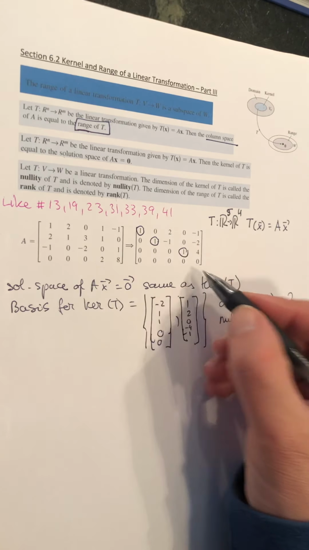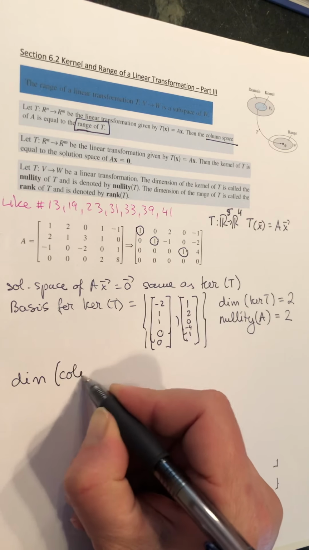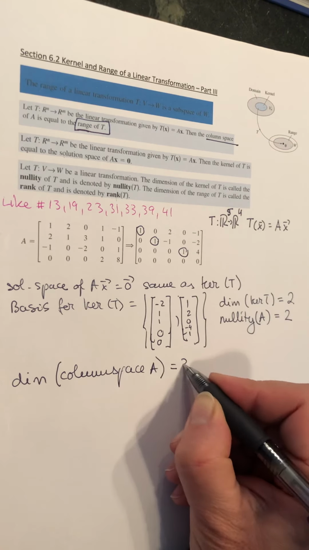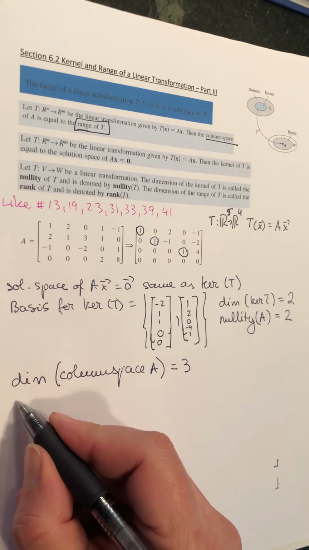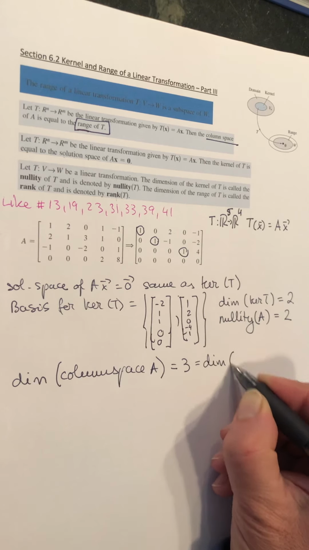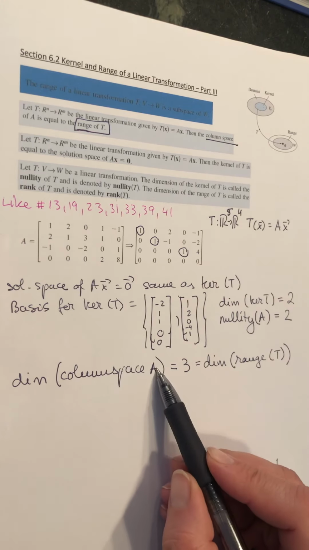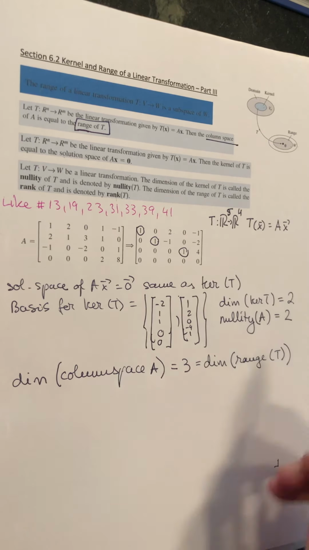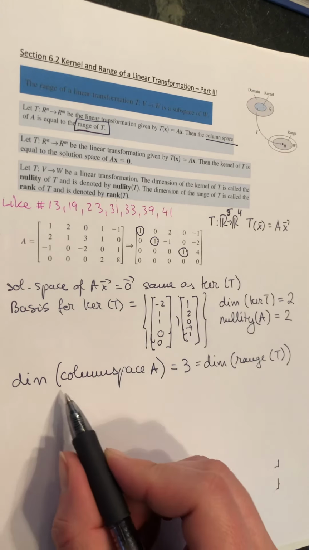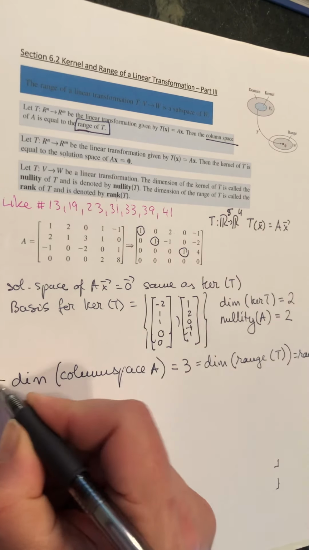So looking at the row-reduced matrix, the dimension of the column space of A is equal to 3, and that corresponds with the dimension of the range of T. Matrices don't have ranges, they have column spaces. Transformations are functions, so they have ranges. Both of these are named the rank of T or the rank of A.